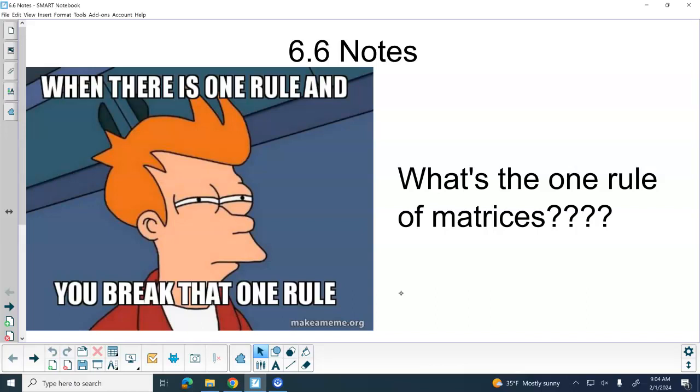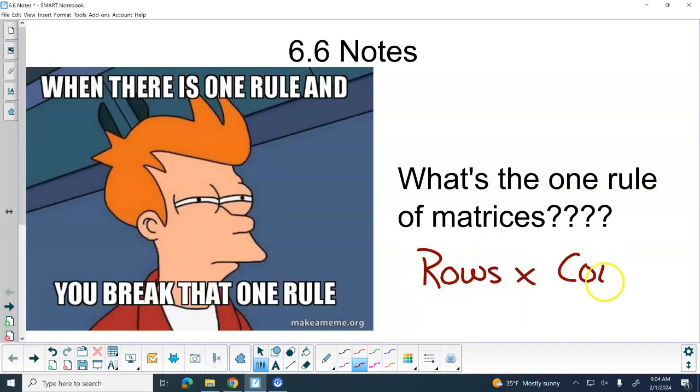Everything in a matrix is rows by columns. Everything. Size. Where the elements are, the address of the elements, whether or not you can add, subtract them.